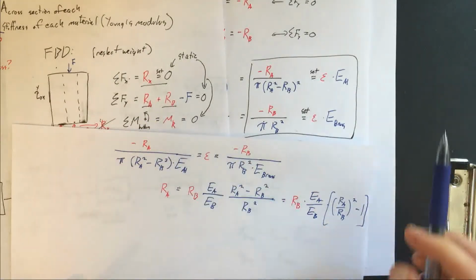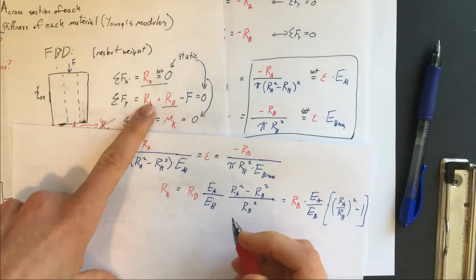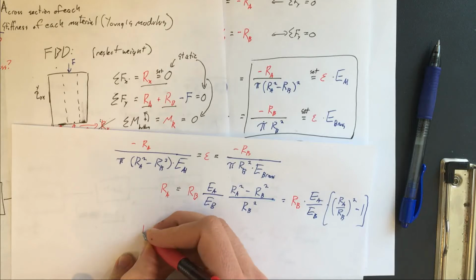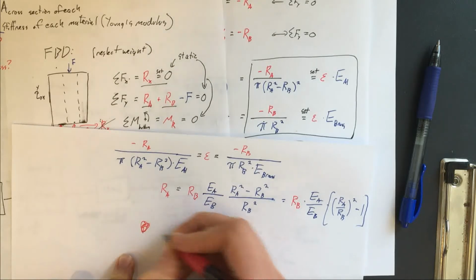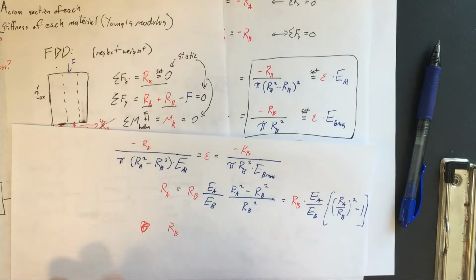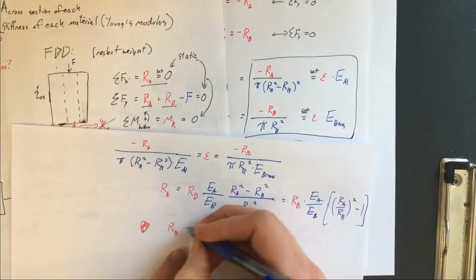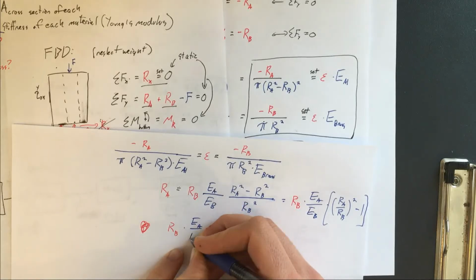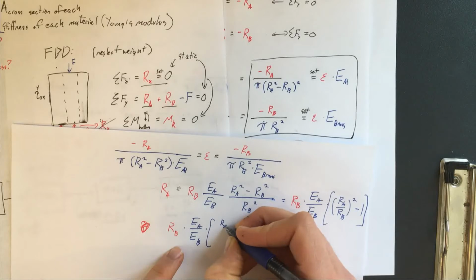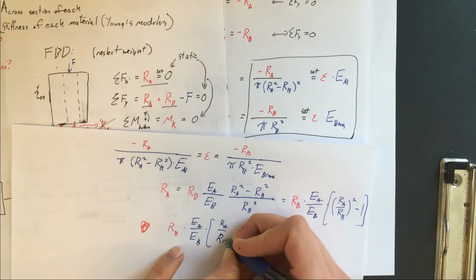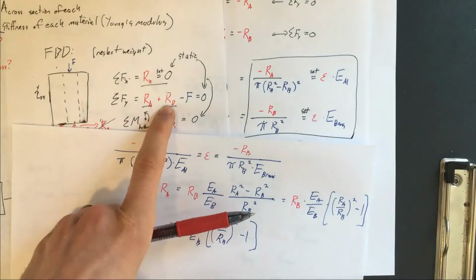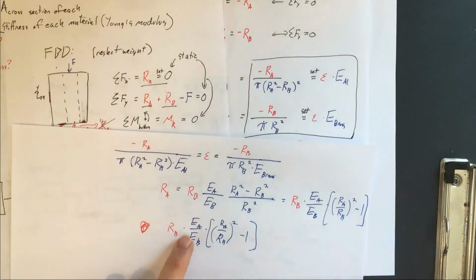We can sub that into this equation here. What do we get when we do that? We get RB, and then we still have this plus RB here.